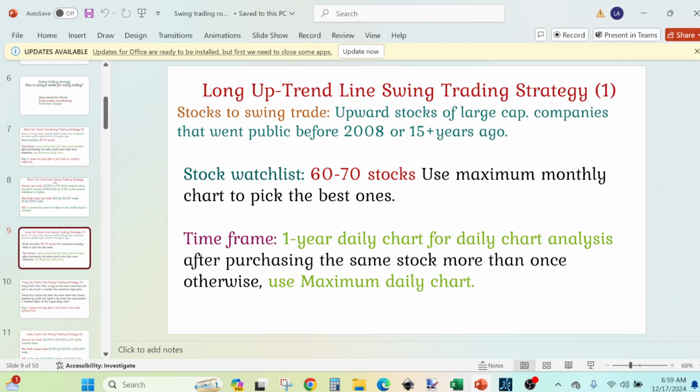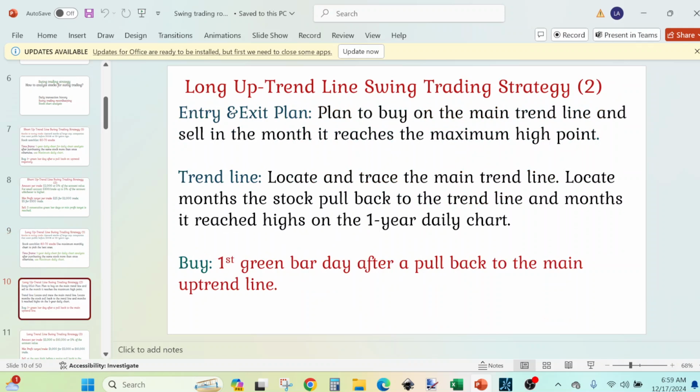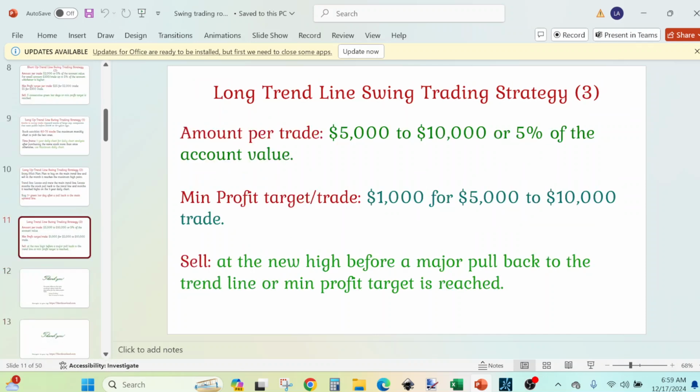We are still going to pick the stocks the same way, even more strict this time, because we are going to hold on to them longer. Locate a trend line we want to get in, and then target a higher profit, therefore allocating a higher capital for the swing trade, and sell it at a new high or when the minimum profit target is reached.